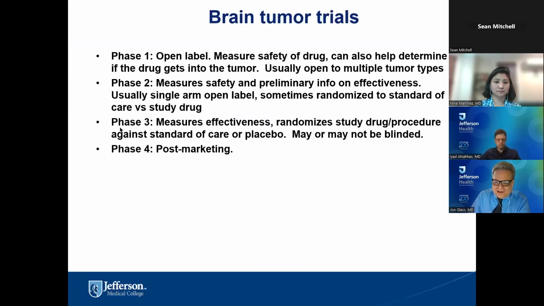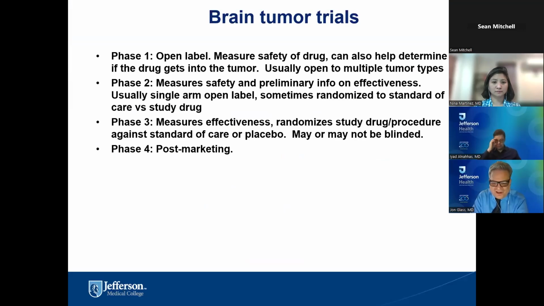So just to run down clinical trials very quickly, phase 1 clinical trials are usually open label. They're open to a variety of cancer types and really are meant to test the safety of a particular medication. We use the phase 1 study sometimes to see if the drug is actually getting into the tumor.